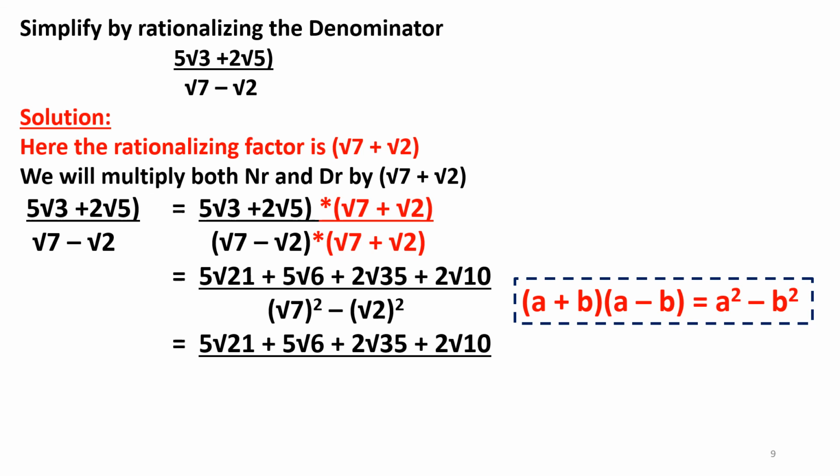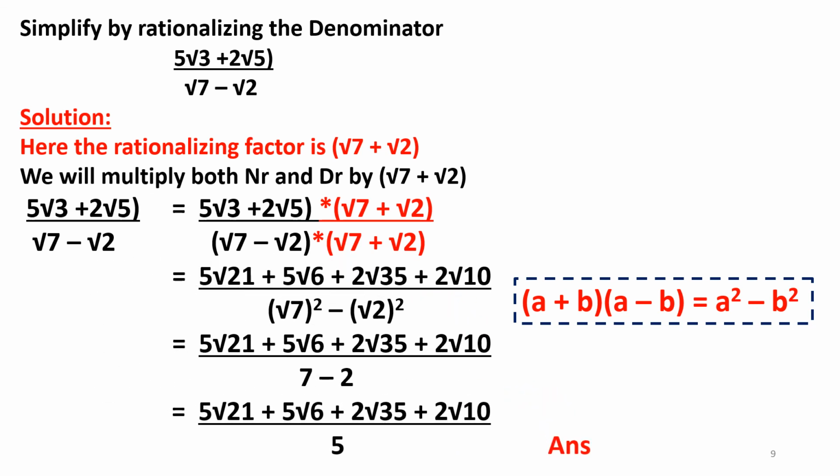We cannot add, we cannot simplify. Here, in the denominator, root 7 square is 7, root 2 square is 2. So the answer is the whole thing by 5. In the numerator, you have to multiply carefully.